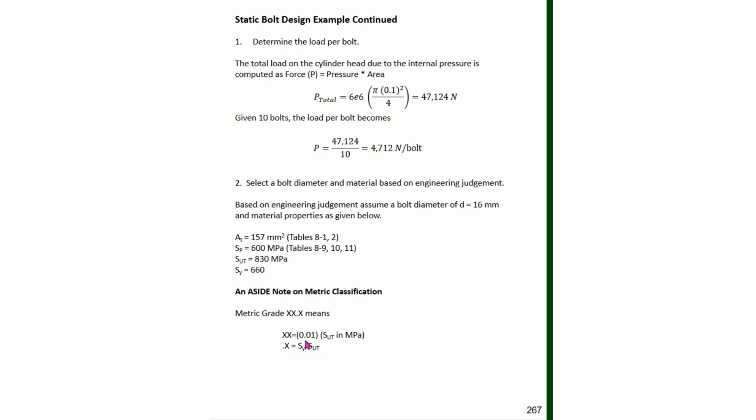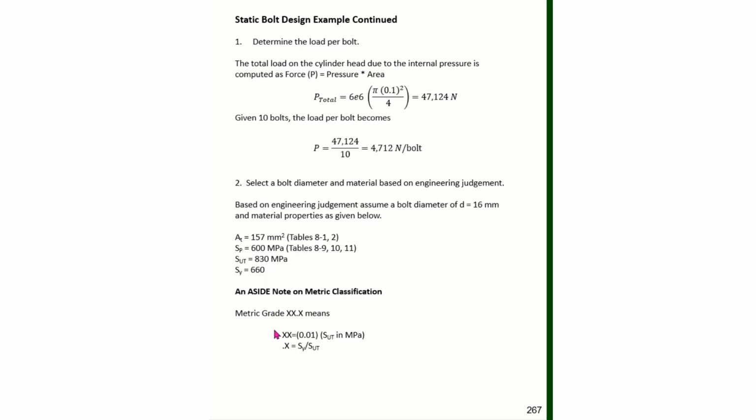So if we have a metric grade 8.8 bolt, that means we can take the 8, divide it by 0.01 and get 800, and that would mean we have 800 megapascals for our SUT. And you can see from the table we looked up 830, which is very close.